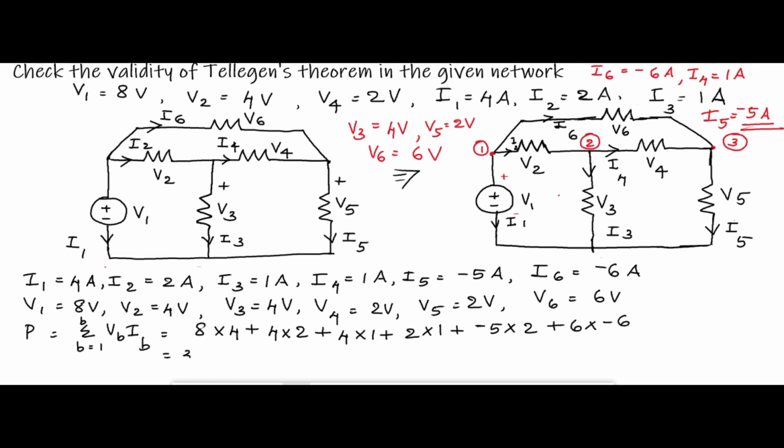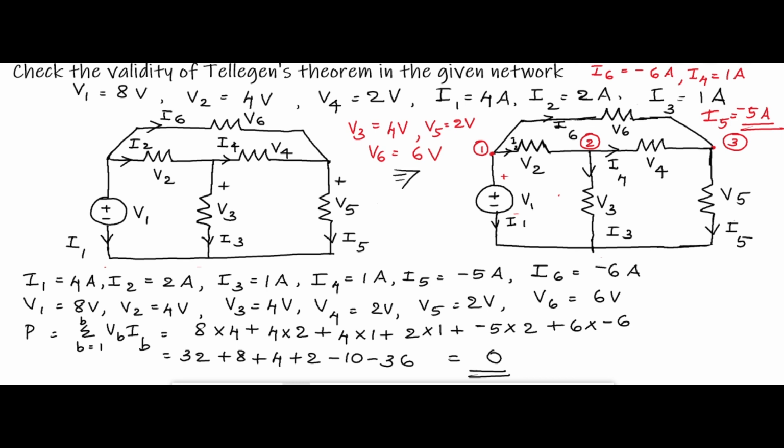So 32 plus 8 plus 4 plus 2 minus 10, and 6 into minus 6 is equal to minus 36. 32 plus 8 is 40, 44, 46, 46 minus 10 is 36, 36 minus 36 which is equal to 0. So here Tellegen's theorem is proved.